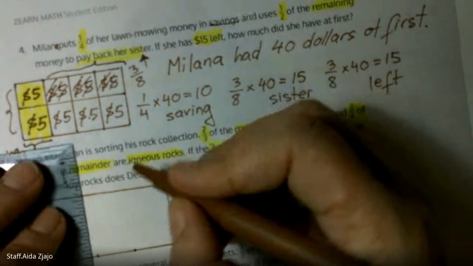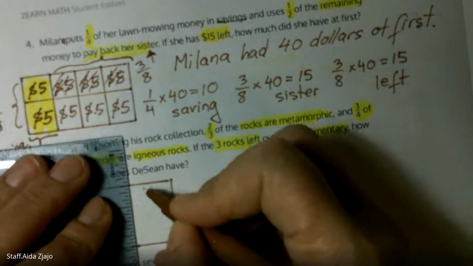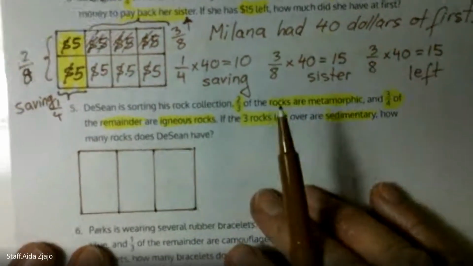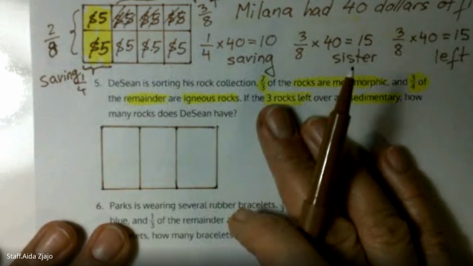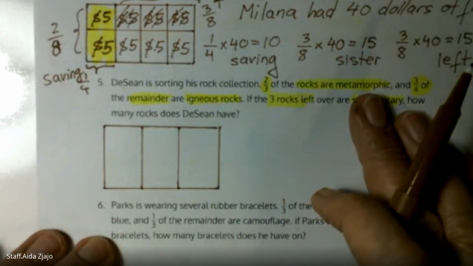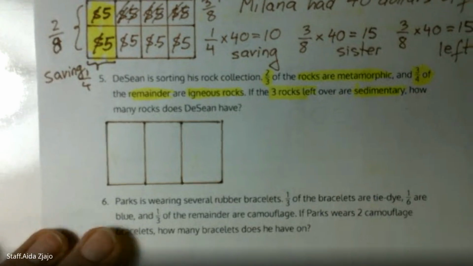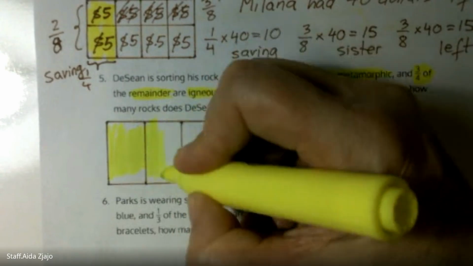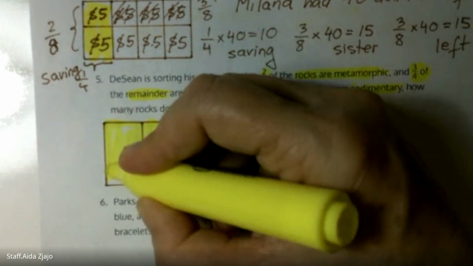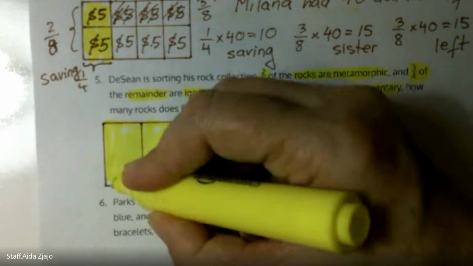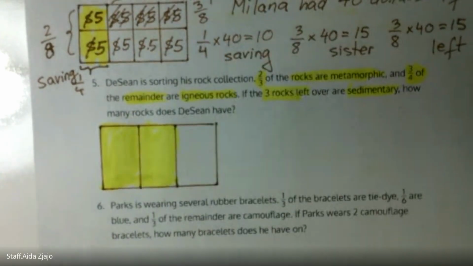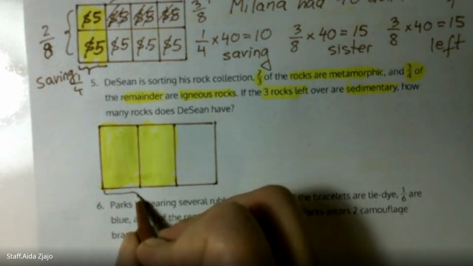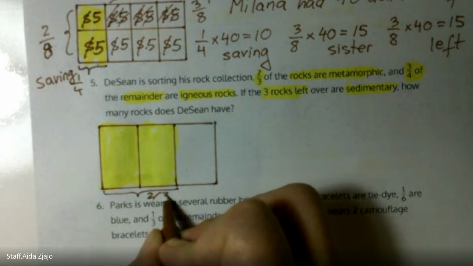Going about like this. That is 1, 2, 3 pieces. So the 2/3 of rocks are metamorphic. Metamorphic are this one and this one. Metamorphic, 2/3. This is 2/3.